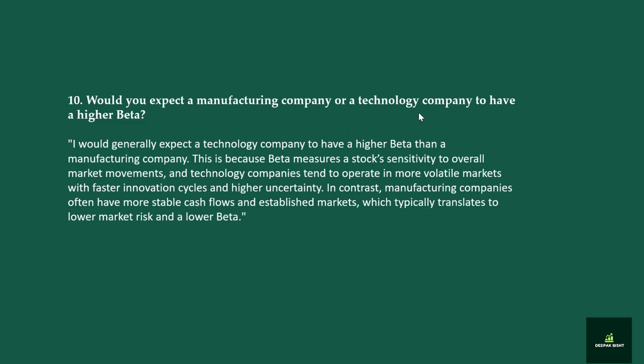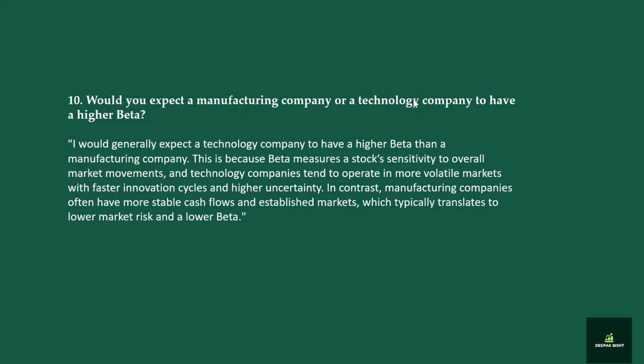If you think about financial leverage and cash sensitivity, tech companies may have less predictable cash flows and higher operational leverage, which can amplify stock price movement during a market swing. Manufacturing companies usually have steadier cash flows due to long-term contracts and consistent demand. From the market's perspective, investors tend to perceive technology stocks as riskier because their valuations are based on future growth expectations rather than current earnings.